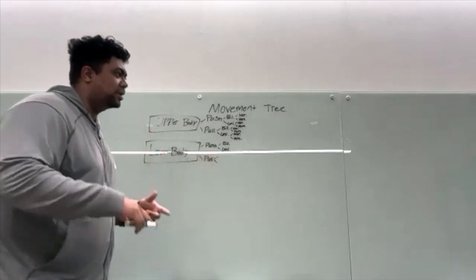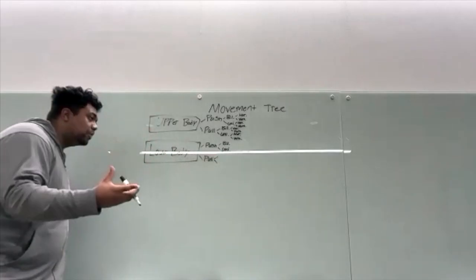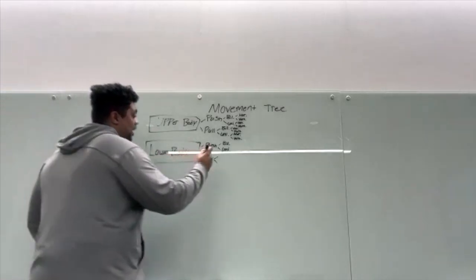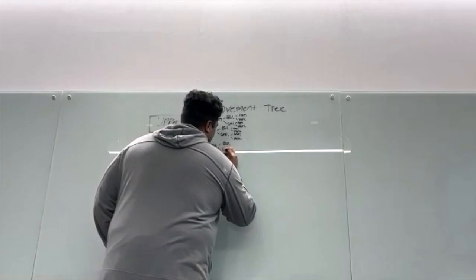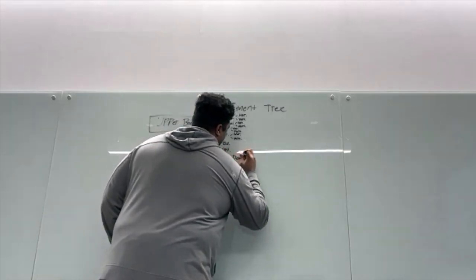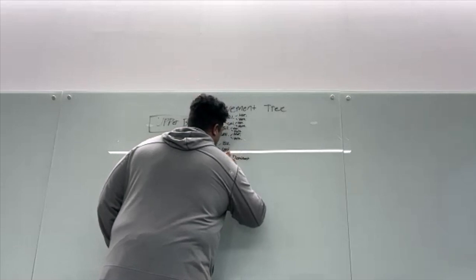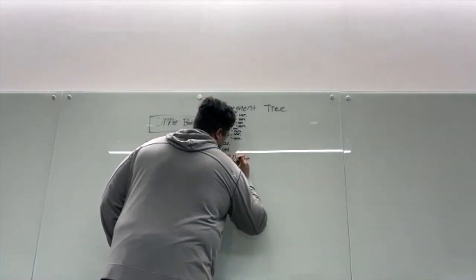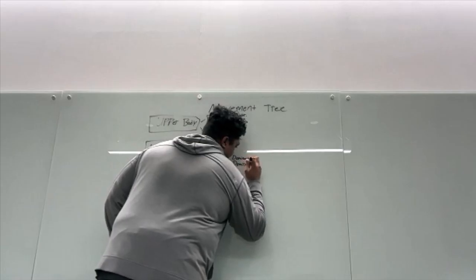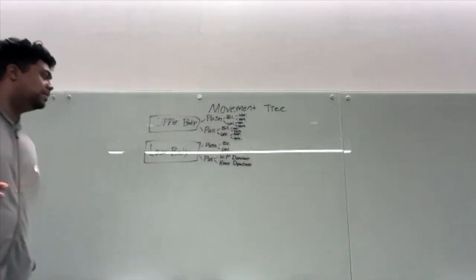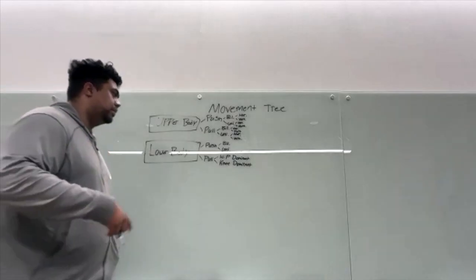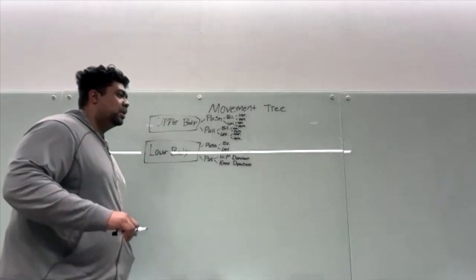That is like your RDLs, your glute bridges, anything like that. So we have hip dominant and knee dominant. So hip dominant movements, your RDLs, your glute bridges.